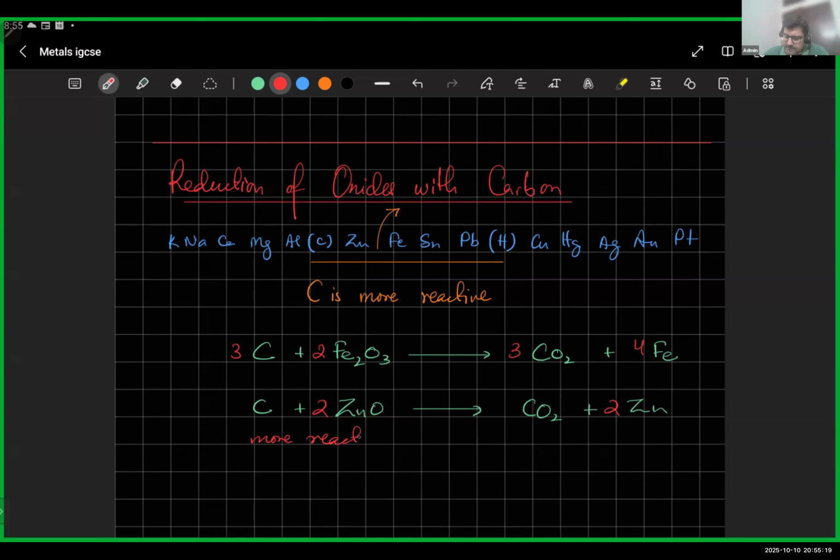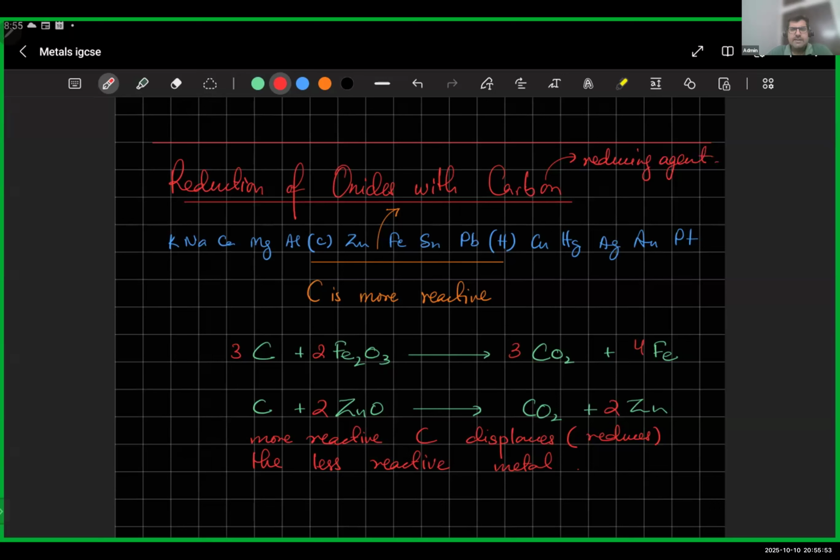So more reactive carbon displaces, or the other word is reduces, the less reactive metal. ठीक है, and carbon is basically acting as a reducing agent. अच्छा, is this clear?